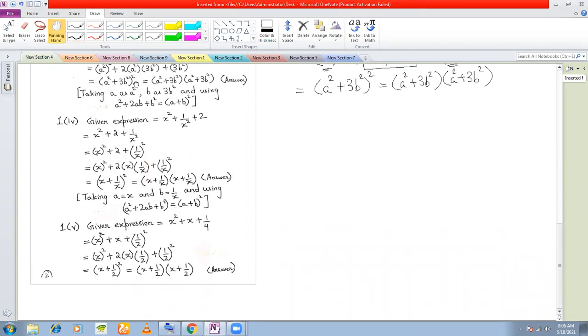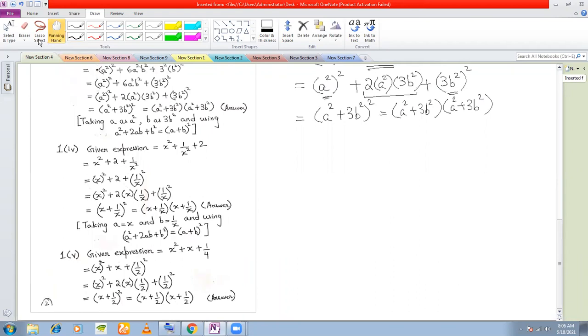Moving on to the next one. Given expression here is x square plus 1 by x square plus 2.